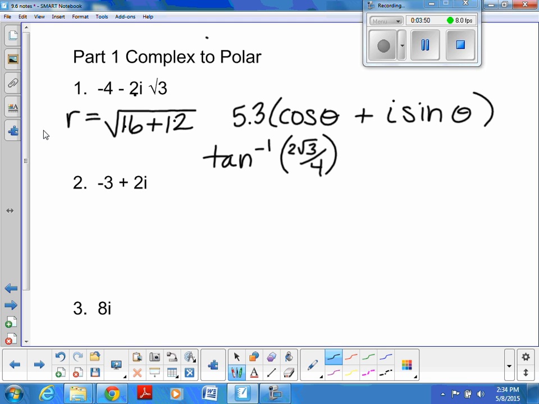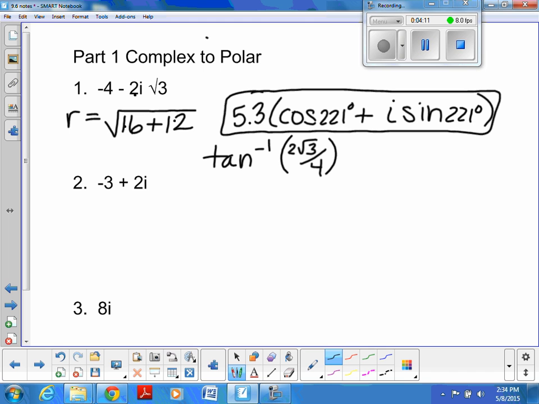Third quadrant, right? So 41 degrees cannot be the answer. I need to do what with the 41 degrees on my calculator? Add 180 to it. So the answer in the book will be like 221. So I'm going to change this to 221 degrees. Final answer. This is what you're going to see in the book.